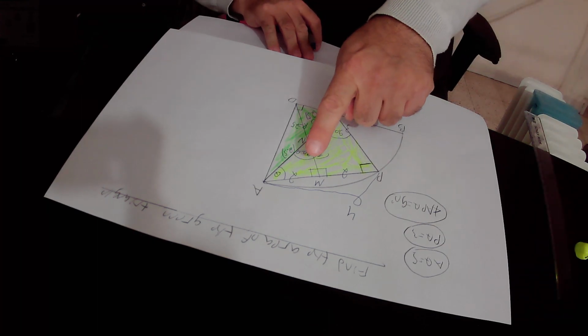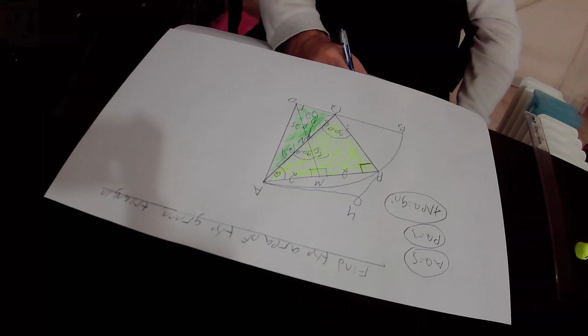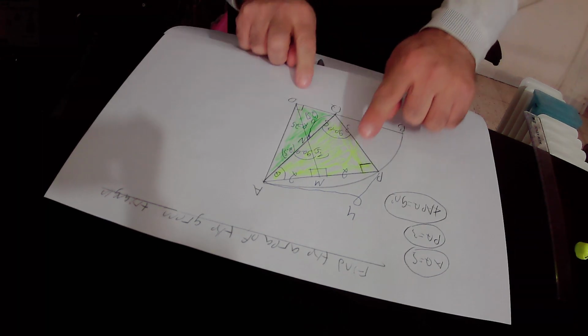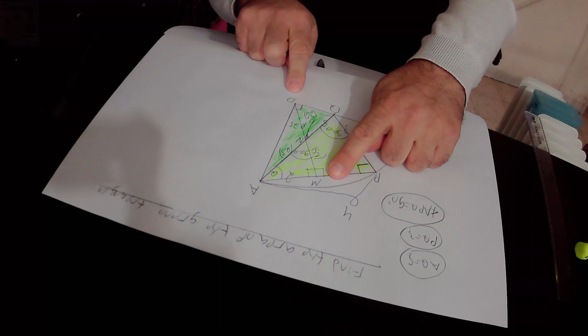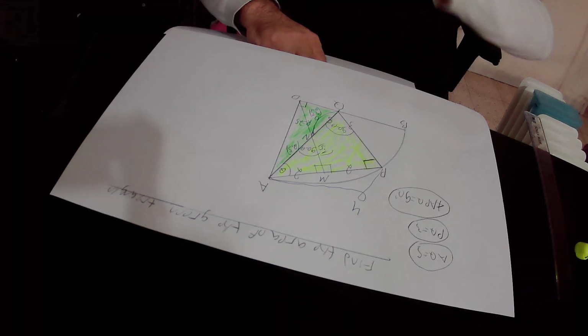Side AM equals 2 units in its length. What is the length of side MO? From the drawing it is very easy to see that MO equals MN plus NO. MN is 1.5, NO is 2.5, therefore in total MO equals 1.5 plus 2.5, that is 4.